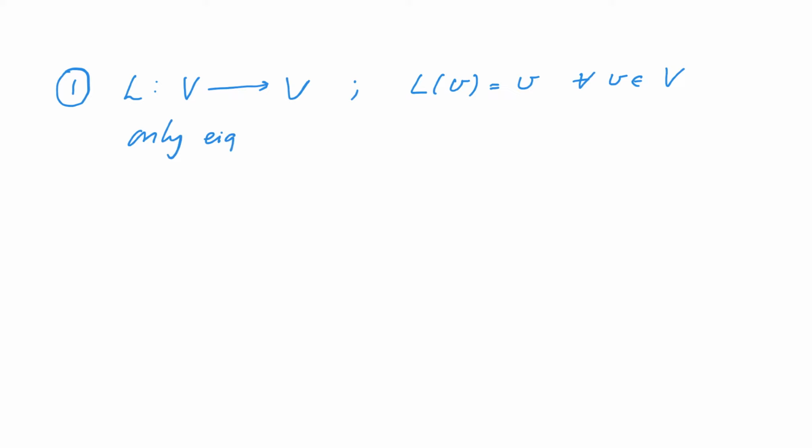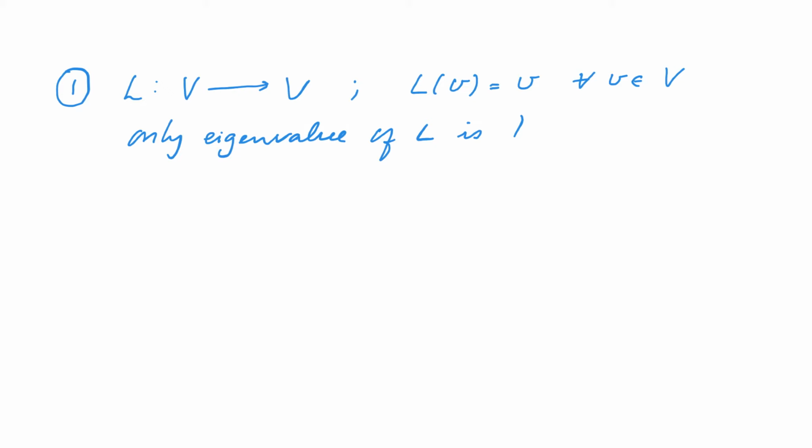We stated earlier that this is a sufficient condition but not necessary. Let us understand this using some examples. As a first example, consider the linear operator on V defined as L of V is equal to V for all V in V. Notice that the only eigenvalue of L is 1. Therefore, it does not have n distinct eigenvalues.